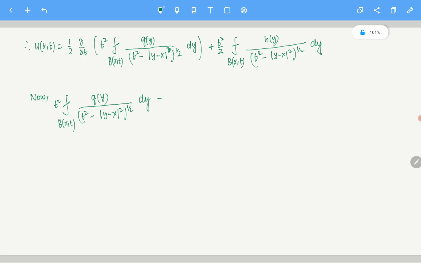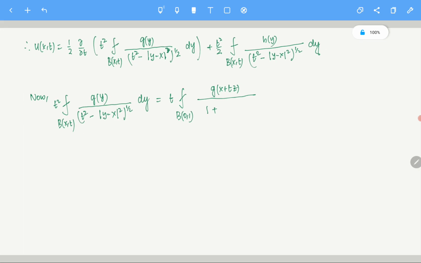If you change the variable here, this will look like t times the average over b01. You remember the change of variable which we always use, tz by 1 plus mod 1 minus mod z square whole power half dz. Clear?